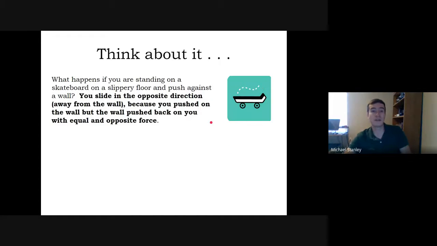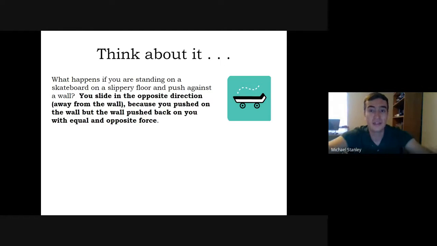Another good example that I like to think about a lot is if you're ever on a skateboard, or a rolly chair, like I have here for my office chair. If you're standing on a skateboard, or sitting on a rolly chair, and you're up against a wall and you push against the wall, for you guys looking at this camera, the push is going forward, right? I'm pushing towards you, as if I was pushing against my computer here.